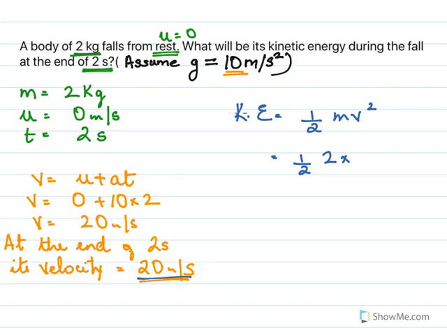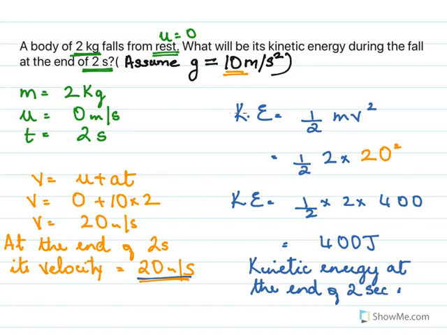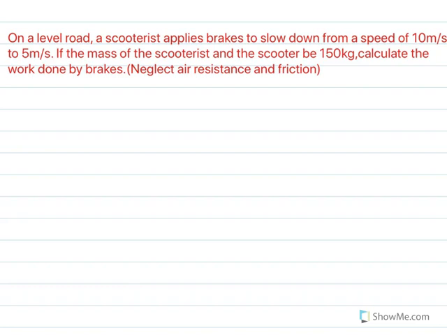V we found out here, we found out the v is 20. So this is 20 square. So we have kinetic energy half into 2 into 400. So this cancels. 400 joules is the kinetic energy at the end of 2 seconds.